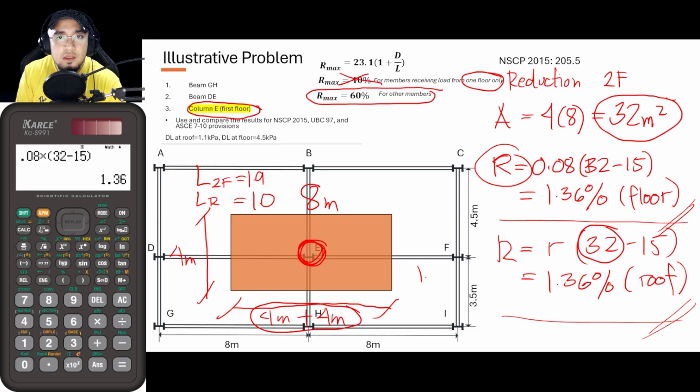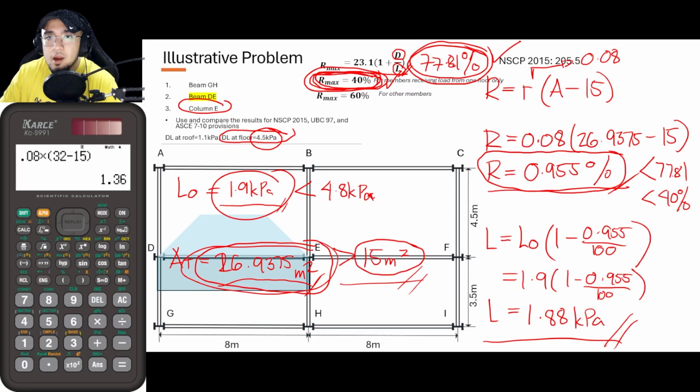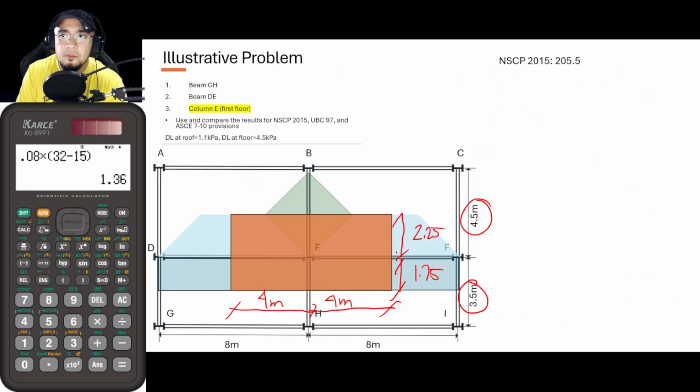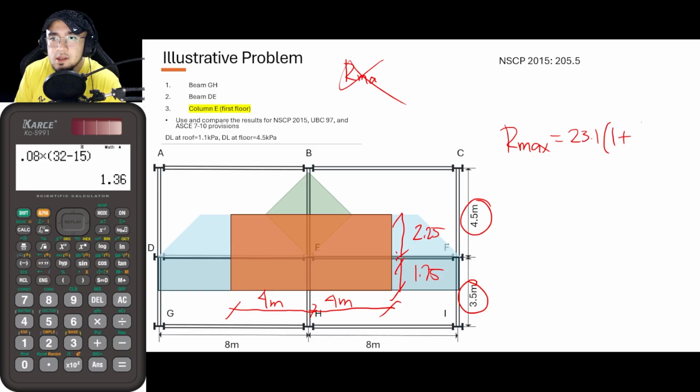But for this formula here, yung nasolve po natin earlier na Rmax dito, 77.81, yan po yung para sa floor. For the Rmax, 23.1 times 1 plus D all over L. So for flooring, di ba yung dead load natin 4.5?